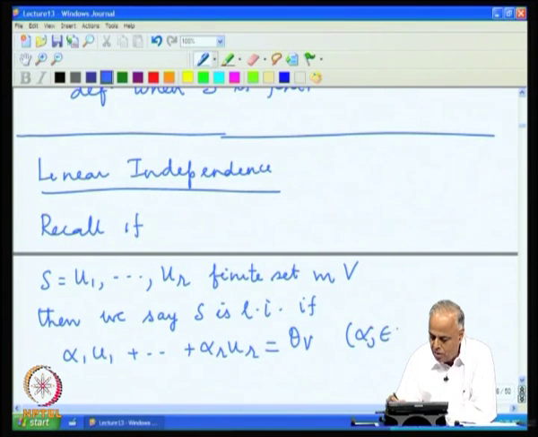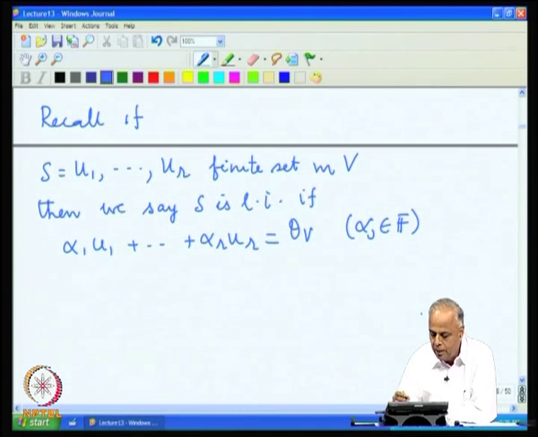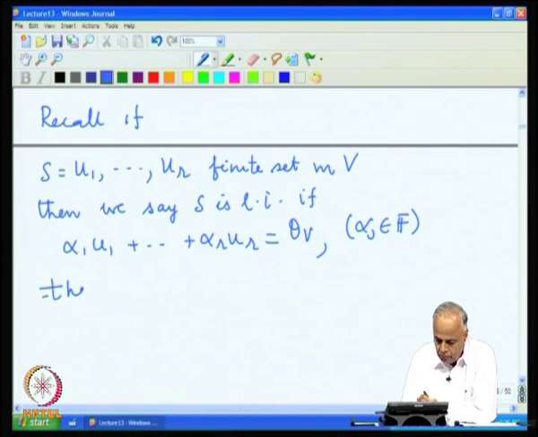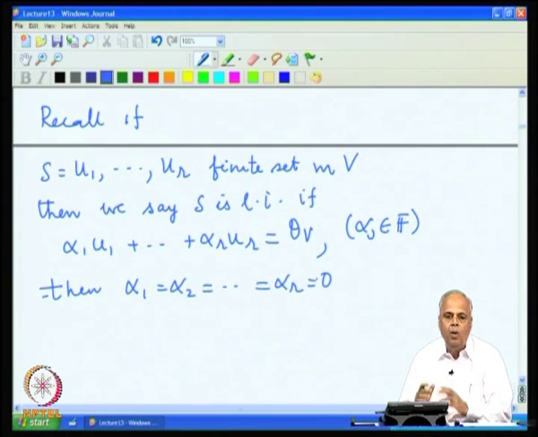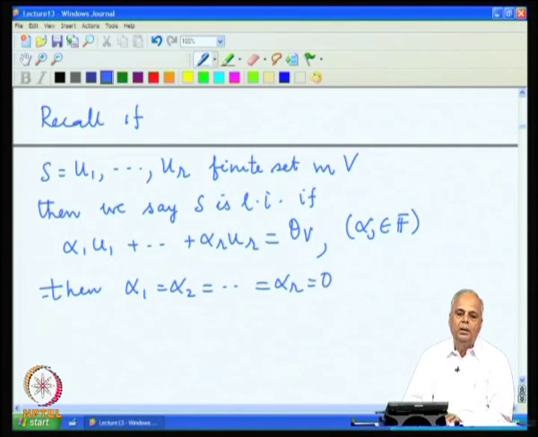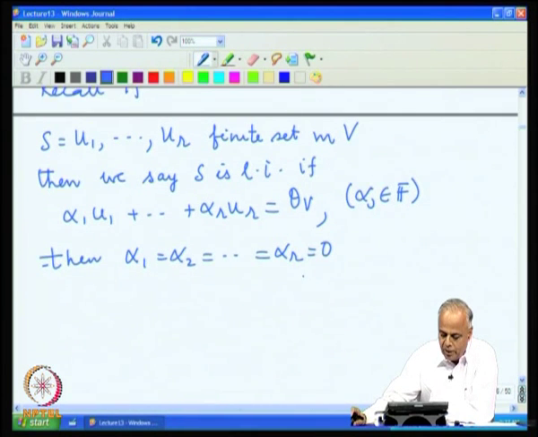Since these are linear combinations, these alpha j's are from the field F. This is the definition of what is meant by linear independence of a finite set of vectors.